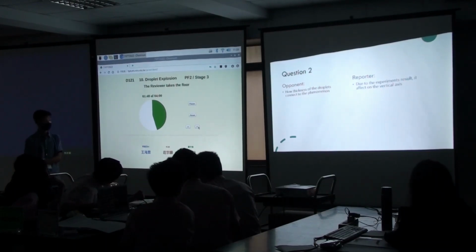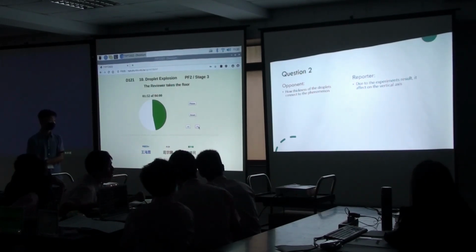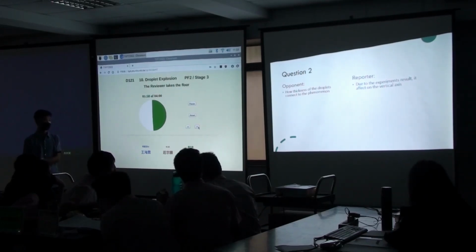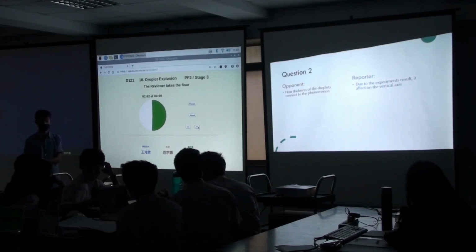And question 2: the opponent asks the reporter how the thickness of the droplets connects to the phenomenon. The answer from the reporter is that, due to the experiment result, it affects the vertical axis.